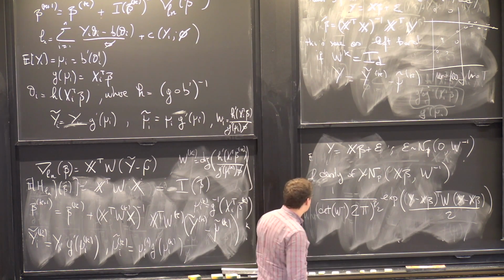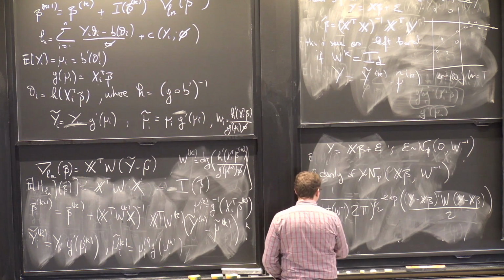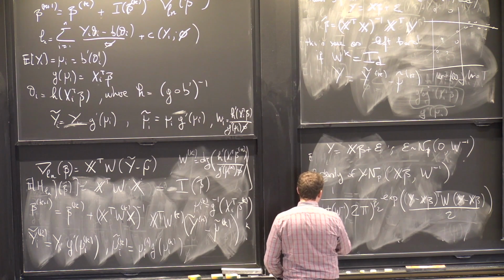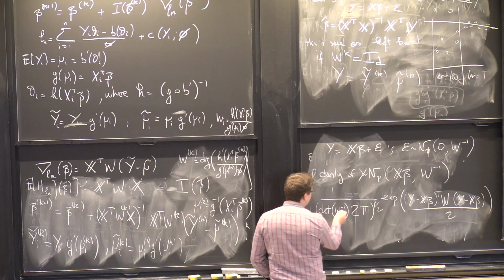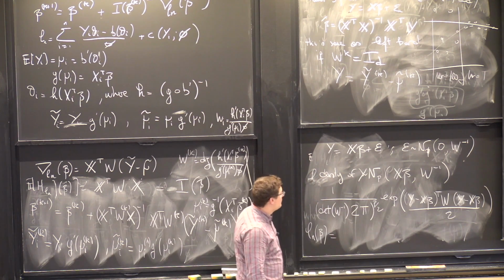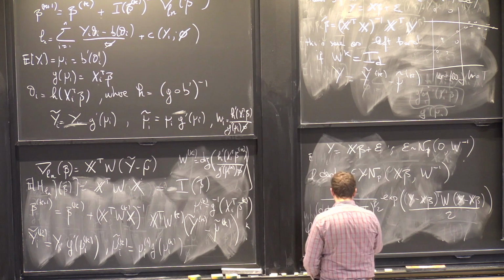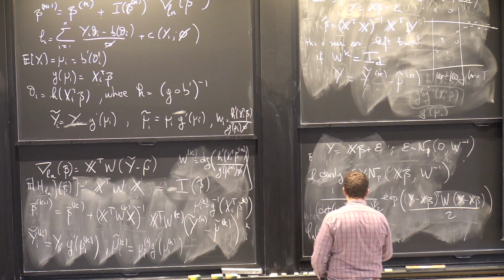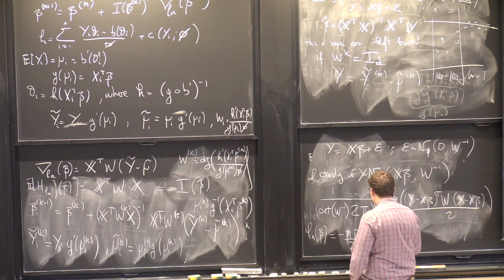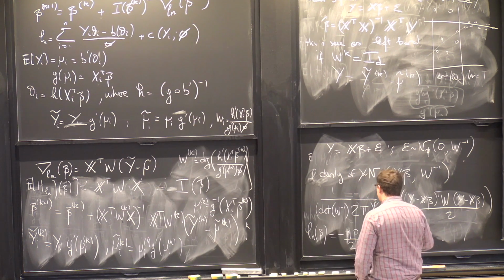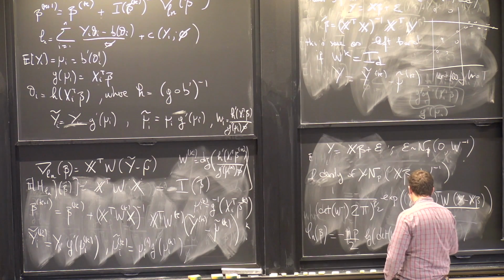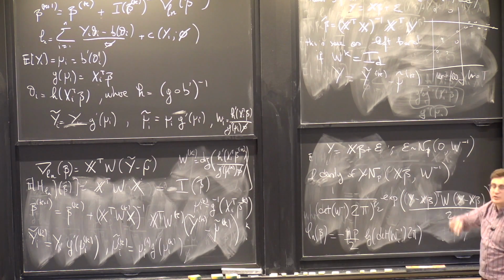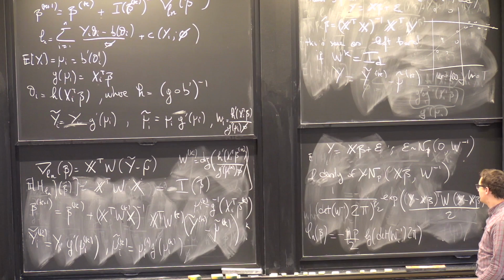This is not going to matter, because when I look at the log likelihood as a function of beta, assuming that W is known, what I get is a constant, minus n times p over 2 times log of det W inverse times 2 pi. This is just going to be a constant. It won't matter when I do the maximum likelihood.